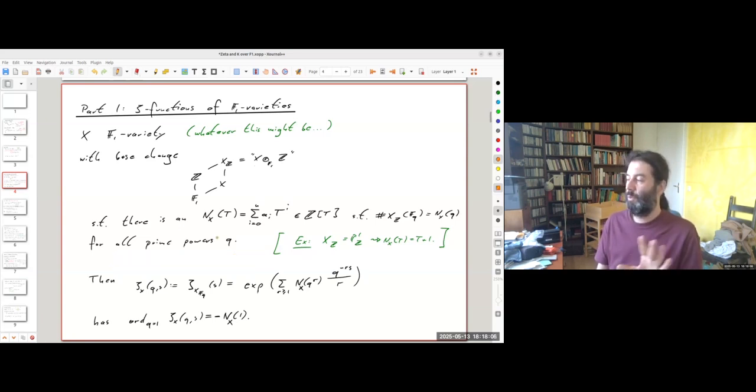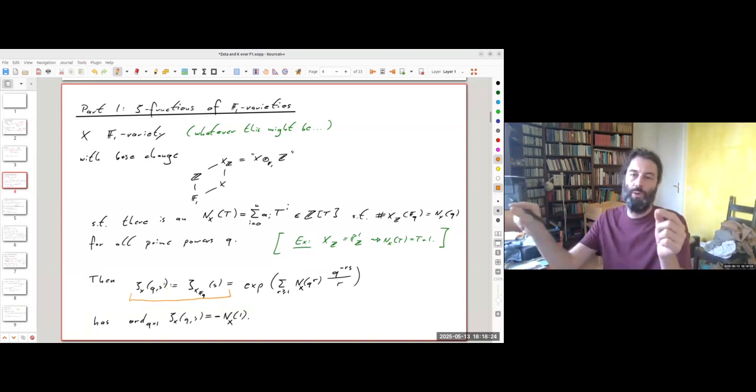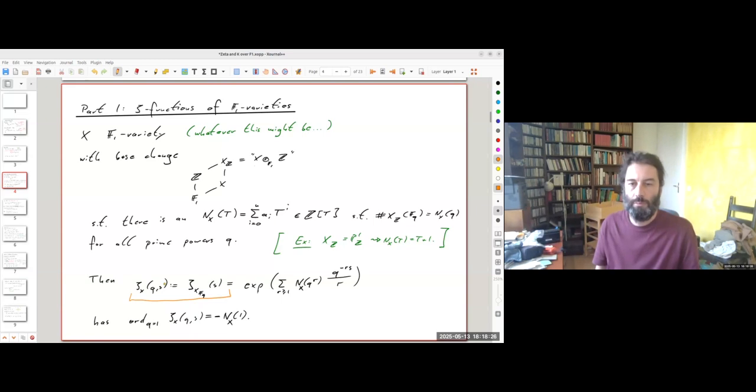Okay, so once we have this counting function, we can make sense of the zeta function over F1. Namely, we first look at the zeta function over FQ, which I write as zeta X of Q and S, because now I want to vary Q and look at this as a function in Q and in S. Well, we know very well the zeta function of X over FQ.